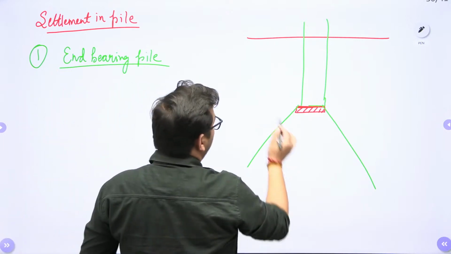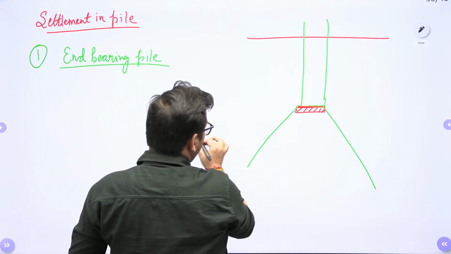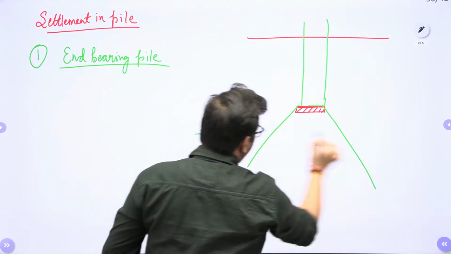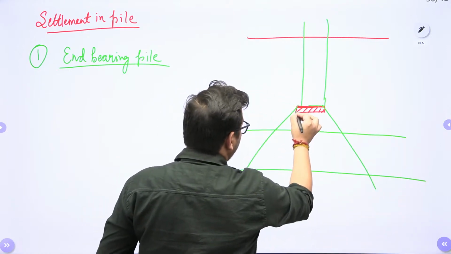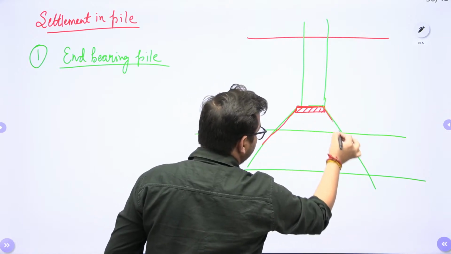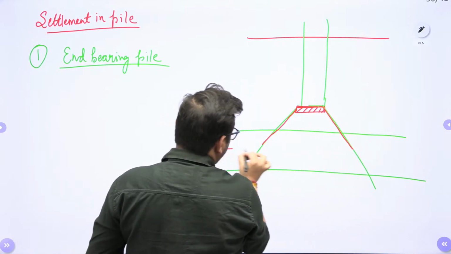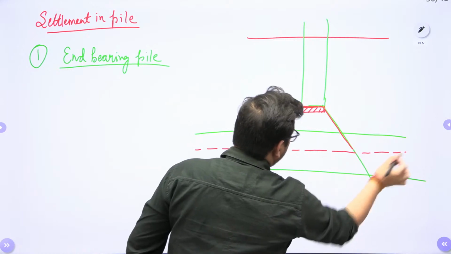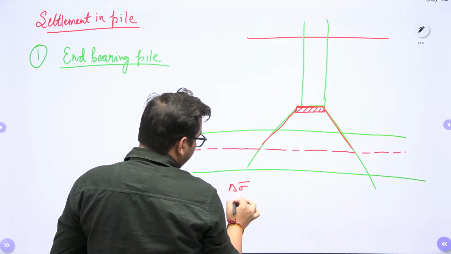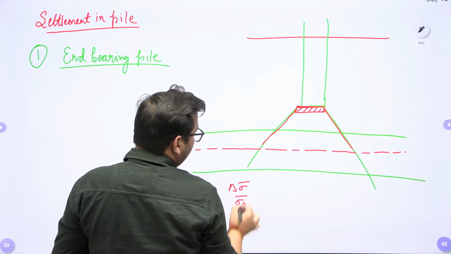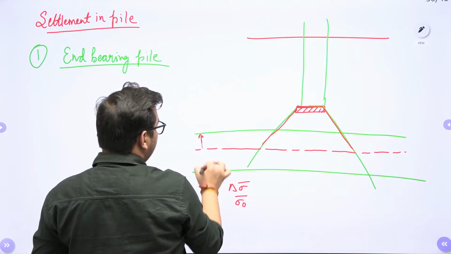Let's suppose this is the compressible layer. So the load is distributed, let's suppose, in this fashion. We will calculate the sigma naught bar value and delta sigma bar value at this particular center of the compressible layer.